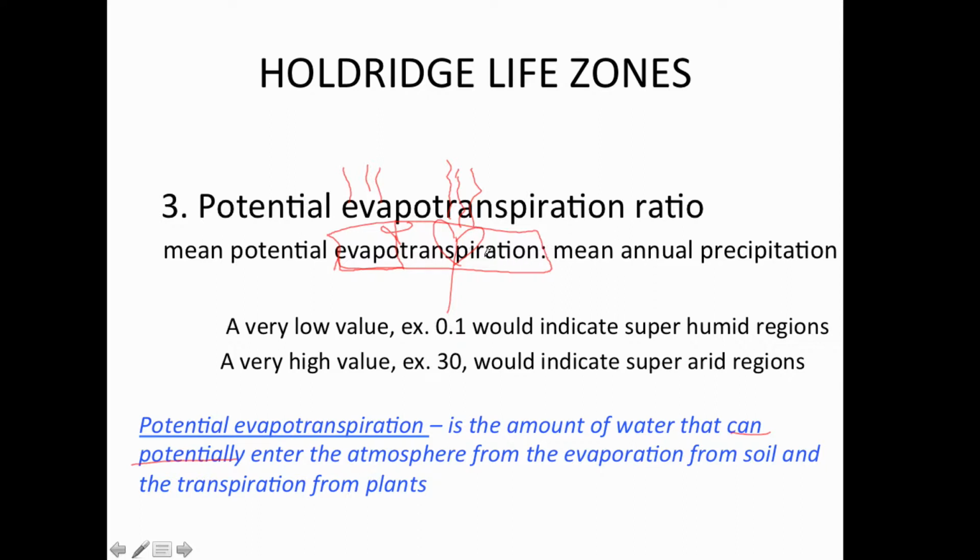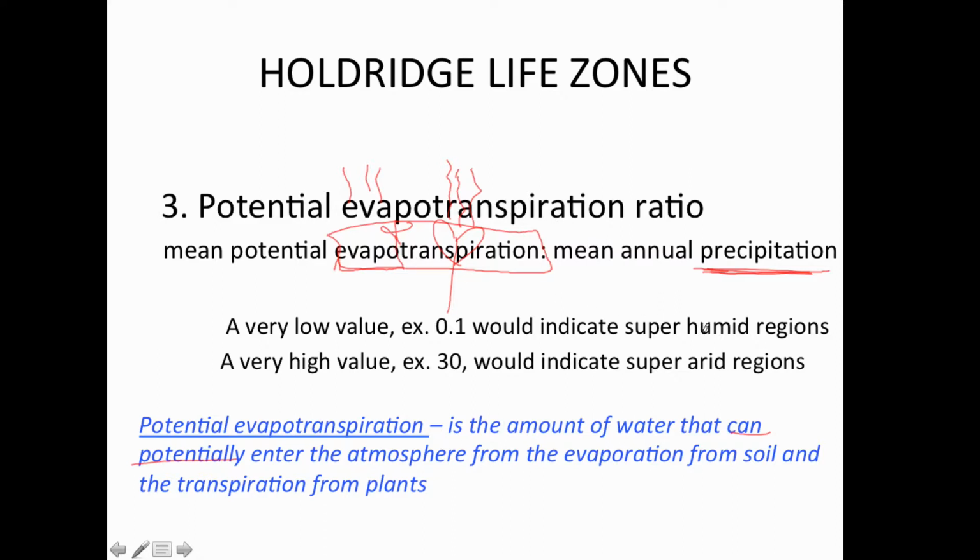Well, that's the first part of our ratio. The second part of our ratio is the mean annual precipitation, or how much is it raining, or how much is it snowing or hailing, so how much precipitation. And so if this ratio is a very low value, that means that there is a great deal of precipitation with respect to the potential for evapotranspiration.